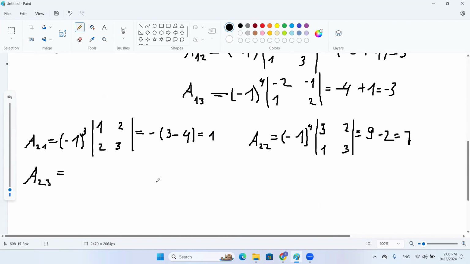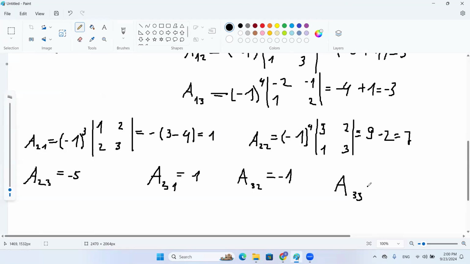Okay, so Mykola, which cofactors? 2, 3 is minus 5. Mm-hmm. 3, 1 is 1. Mm-hmm. 3, 2 is minus 1.